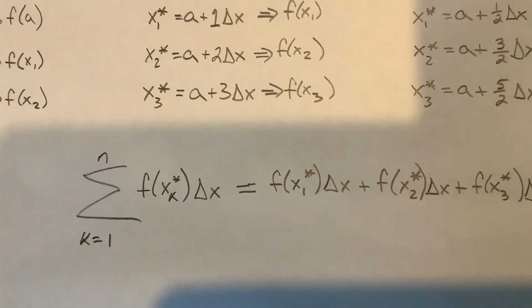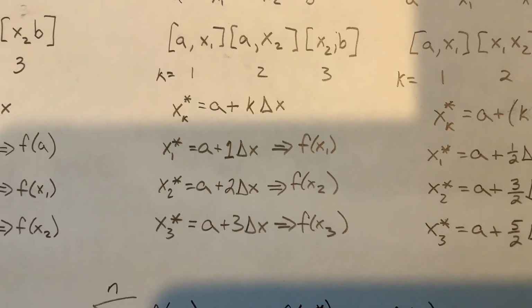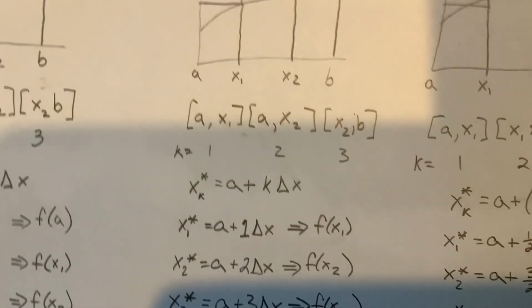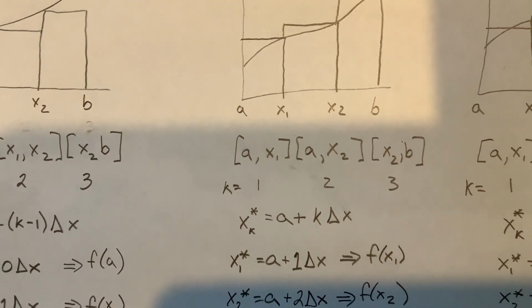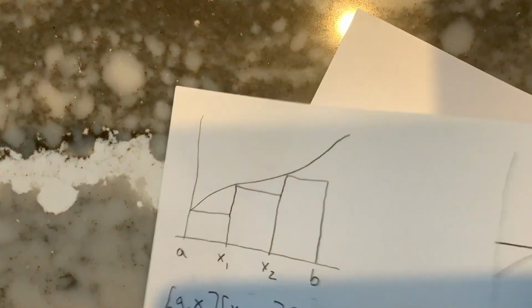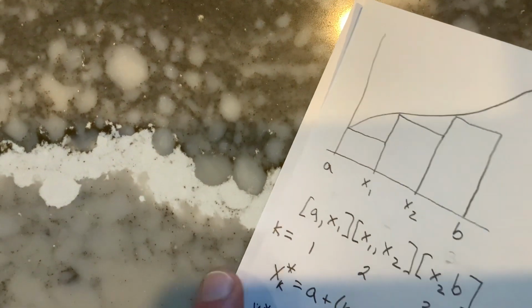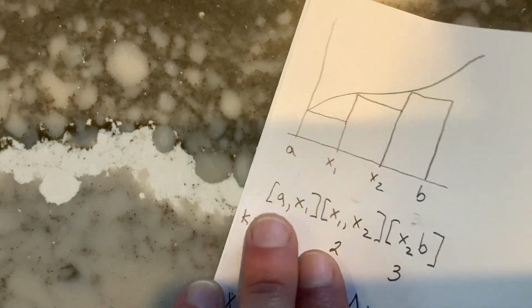If you look back at page 357, they have left, right, and midpoint. And the only thing that's different, and I apologize, is how the x value is getting generated.